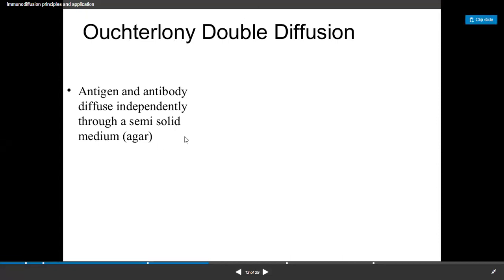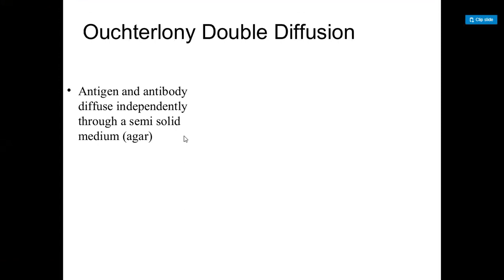Ouchterlony double diffusion test is used for the analysis of antigen and antibody which diffuse independently through a semi-solid medium. This double diffusion test is conducted to analyze whether the antigen and antibody are specific to each other, partially specific, non-specific or very partially specific to each other.